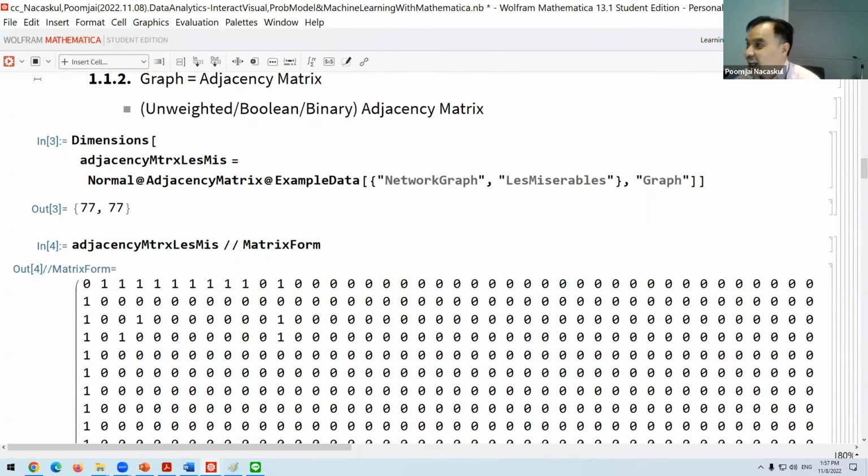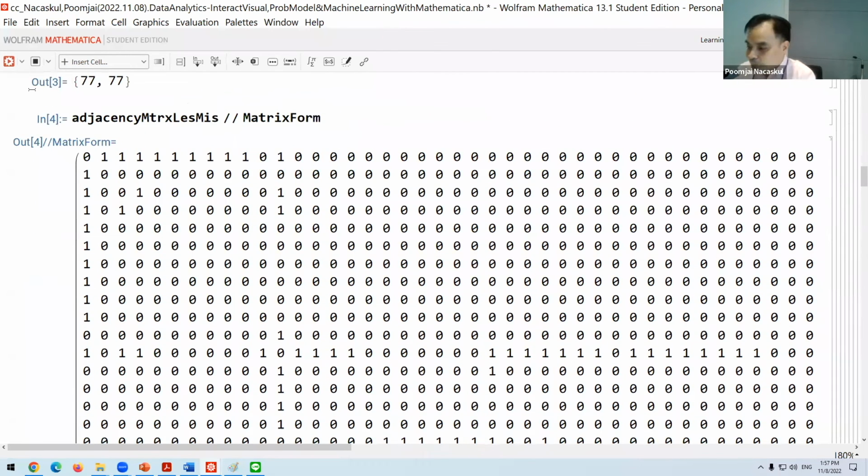See? Now, first of all, you have to read from the description. What this means is that there are 77 characters in Les Miserables, like a musical play has 77 characters. Not all characters are going to appear together, except when they take their plot.